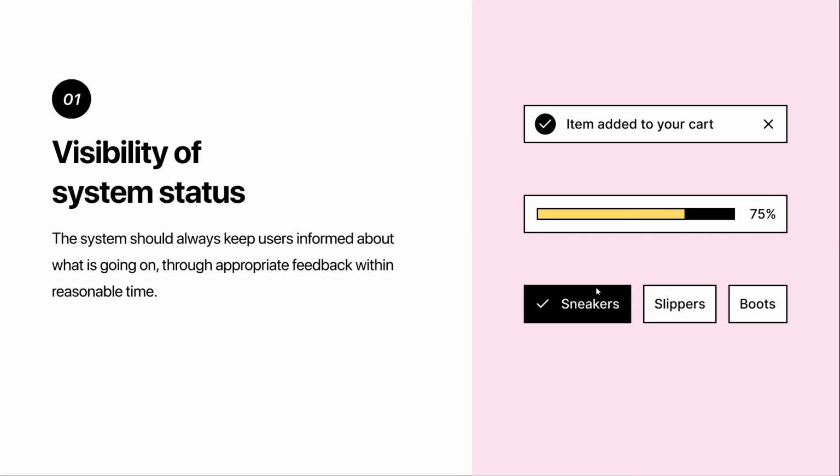It's just the same thing with e-commerce. When you see a product, okay, I love this product, let me add it to my cart. You see a check, item added to your cart. Or when you are going through a registration screen or an onboarding screen, I think that will be one of our tasks for this program, designing an onboarding screen.